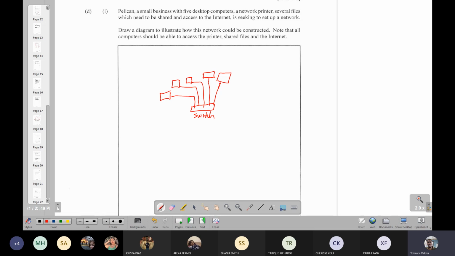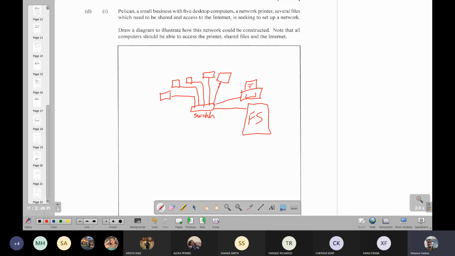And then you have a network printer. So we have a printer. And then we have files to be shared, so we have a file server. And we want to set up, so this is the local area network.